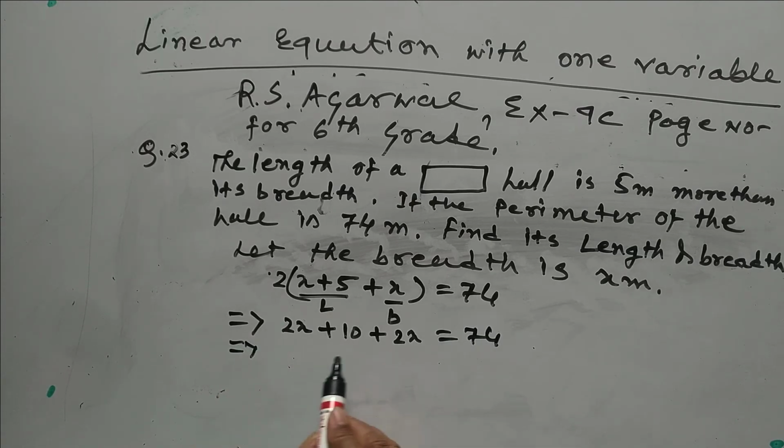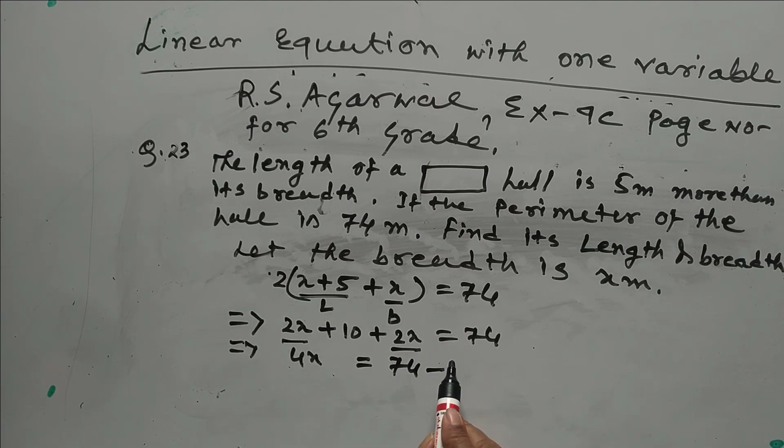Now 2x plus 2x is 4x equals 74 plus 10; I have to change it to minus 10.